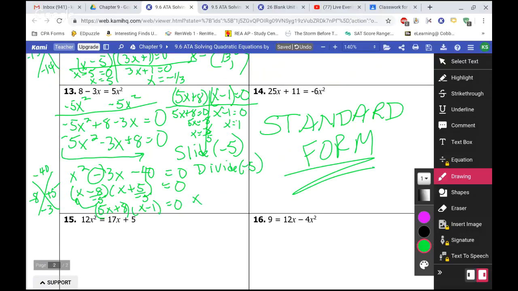So I have a solution set of negative 8/5 and positive 1.